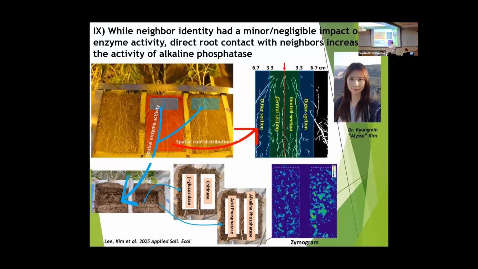But what still amazes me is that the contact was here, and the measurements of the enzymes were here, so they were spatially separated. I would find it much easier to understand and interpret if there were no roots here, and that's what happens with enzymes. But no roots was here, and differences in enzymes were there.